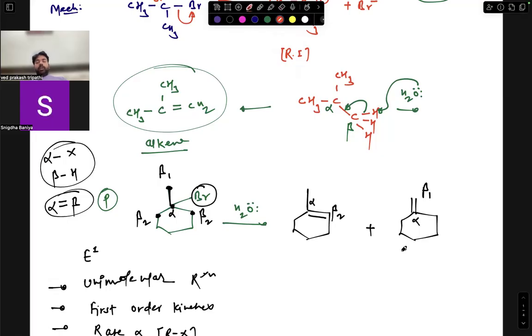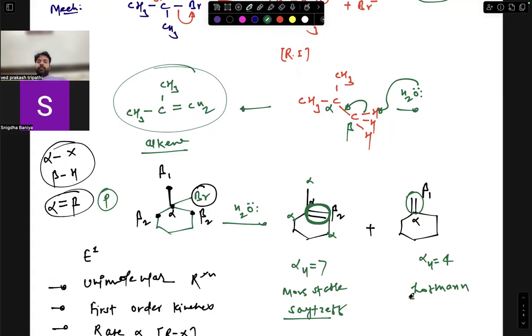So I told you the formula: keep a circle around the double bond and then find the alpha H. How many alpha H here? 1, 2, 3, 4, 5, 6, 7. And how many alpha H over here? 4. So the more alpha H, the more stable. So this is more stable. More stable means Zaitsev, and less stable means Hofmann. Clear?